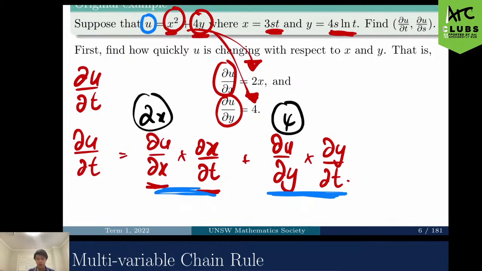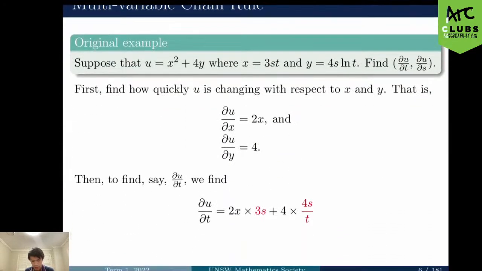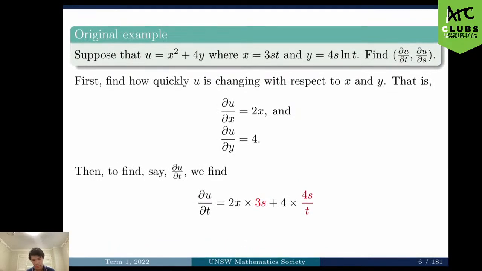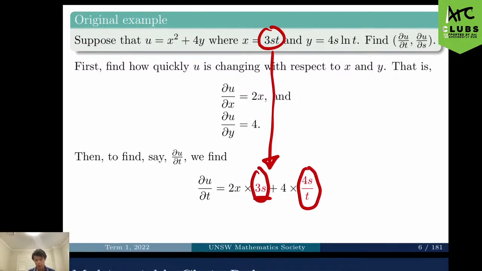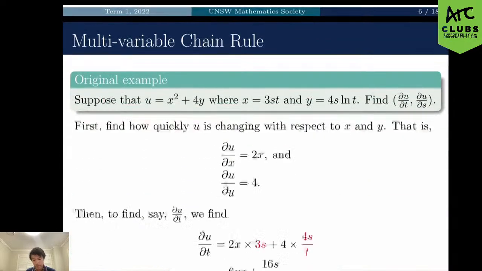And so the next step, if you can guess, for du dt, it's all about finding out how each of these things change as t changes. So that's our next step. And you can see we've just done the partial derivatives again. So 3st, differentiate with respect to t, we get 3s. 4s ln t, differentiate with respect to t, we get 4s on t. Okay, that's pretty good. And now we get a simplified version.